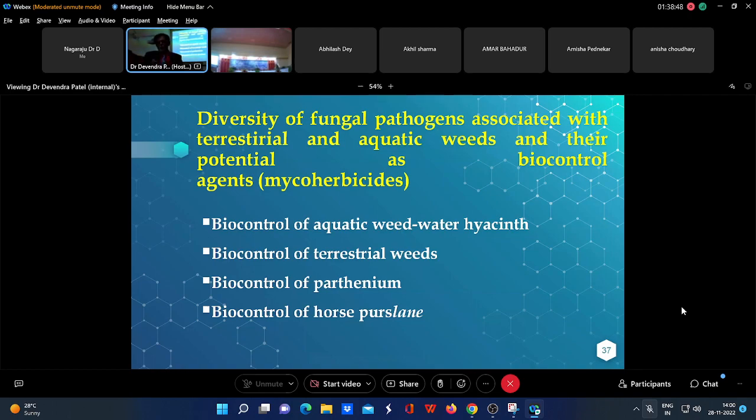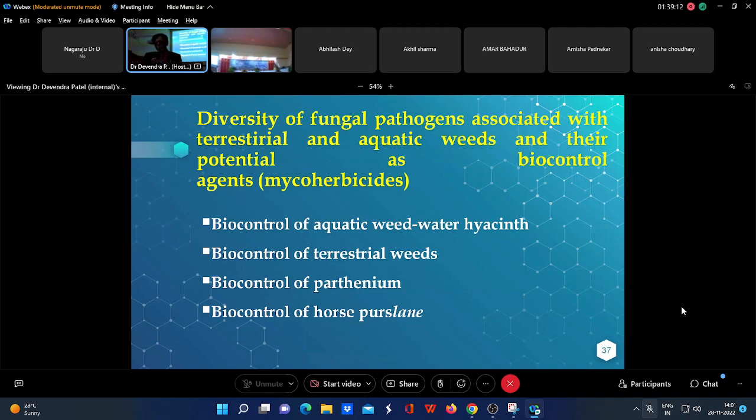Terrestrial weeds were funded by the UGC, the aquatic weed by the Department of Environment, and Parthenium by the UK. I was the first and the only scientist who brought a direct funding grant from the UK to our university. That was the first project, sanctioned in 1996, and it ran for 4 years, 1996 to 2000.